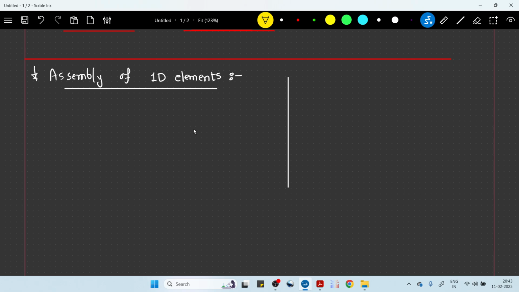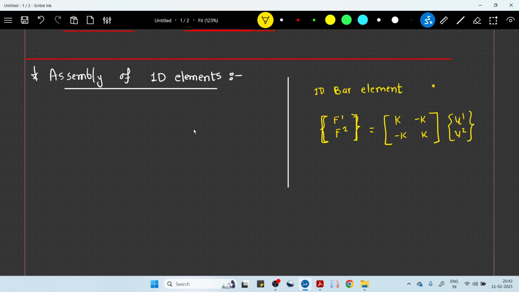What we have seen is that we derived the FE algebraic equation for the 1D bar element, which is nothing but force vector is equal to stiffness matrix times displacement vector, for the 1D bar element with node 1, node 2.